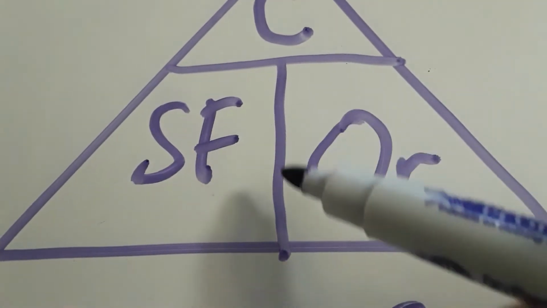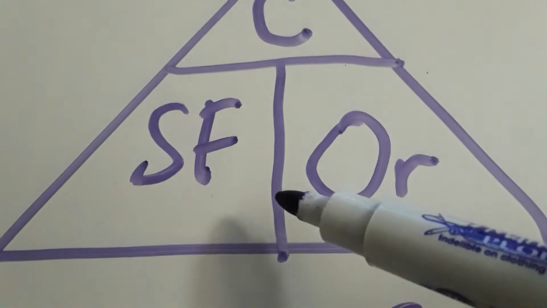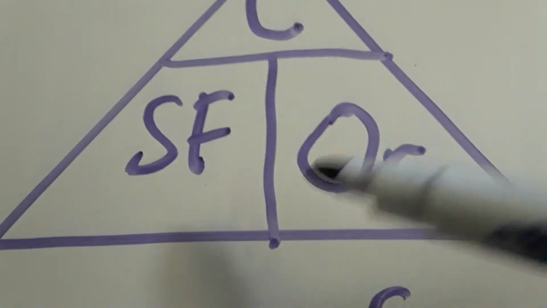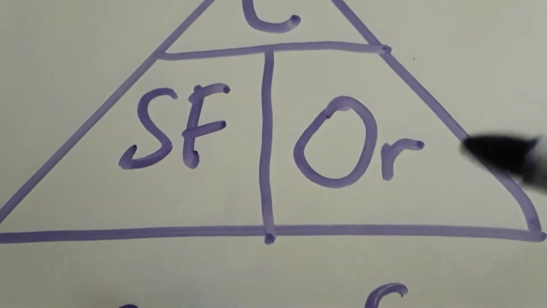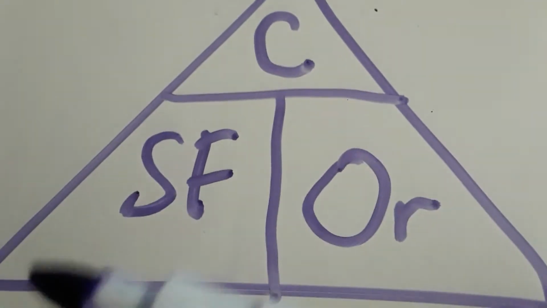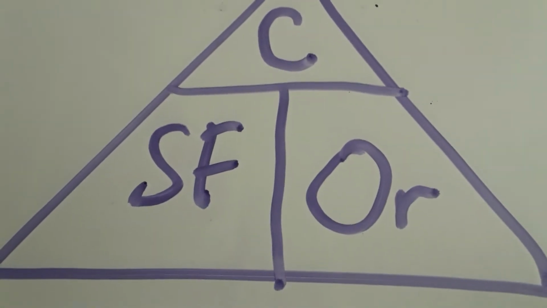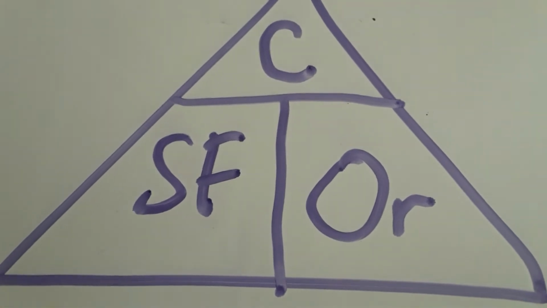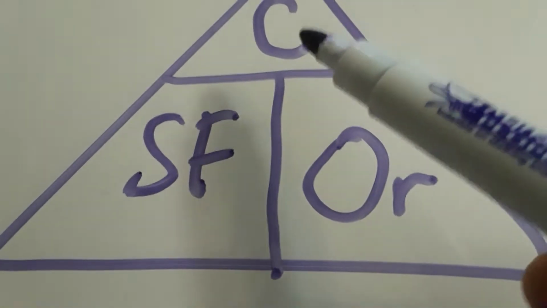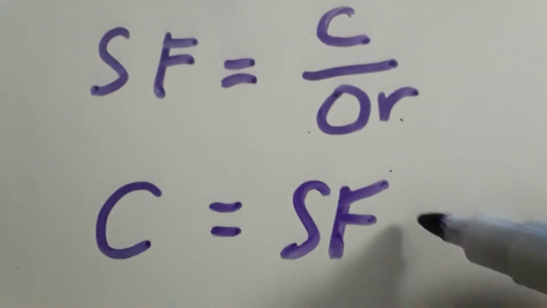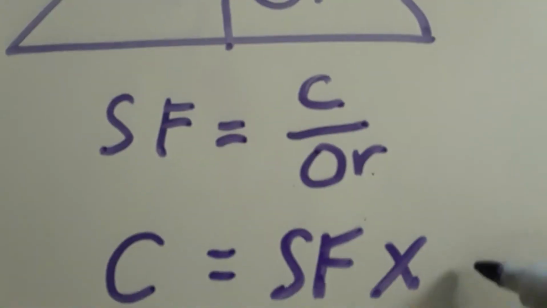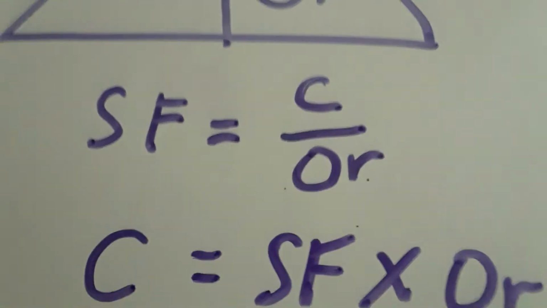So this line here, because it's vertical rather than horizontal, it's a stretch, but they want you to see it as a multiplication sign. So again, if you're trying to find how big the copy should be, you're going to take the scale factor and multiply it by the size of the original.